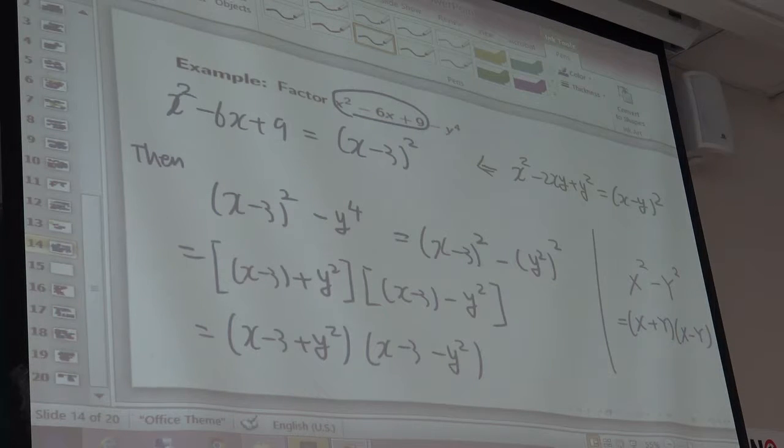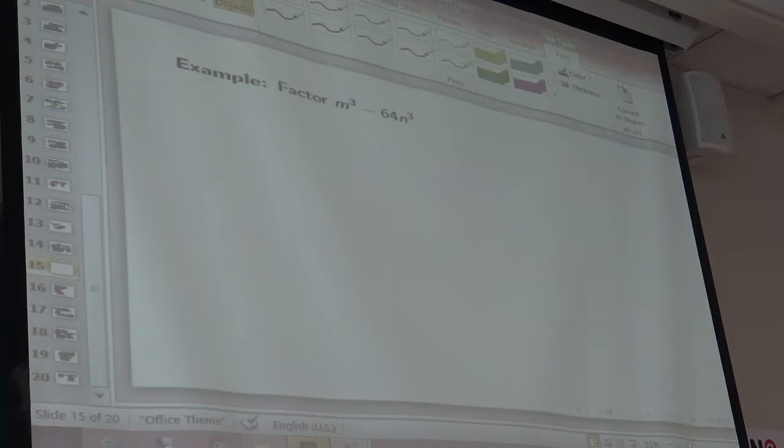Okay, now let's discuss the next one. We have n cubed minus 64 n cubed. So we have two terms, something cubed and something cubed also.